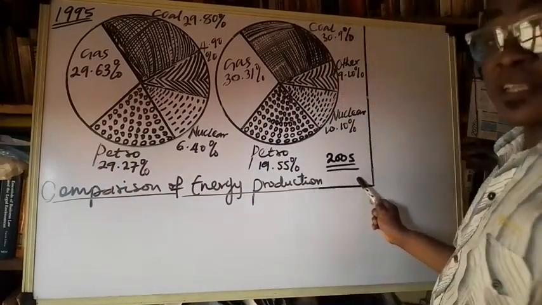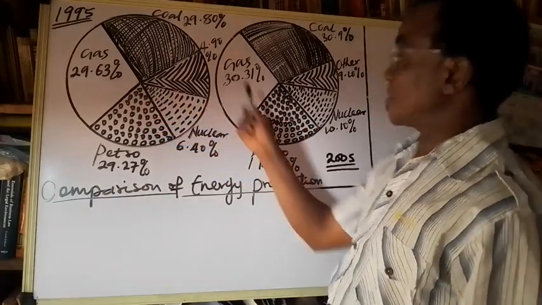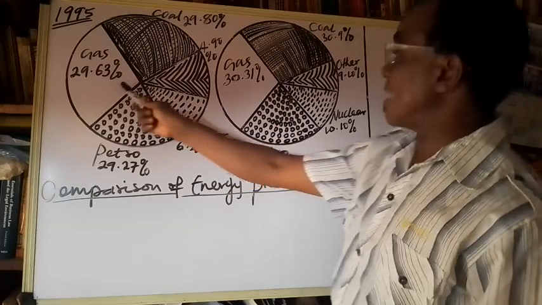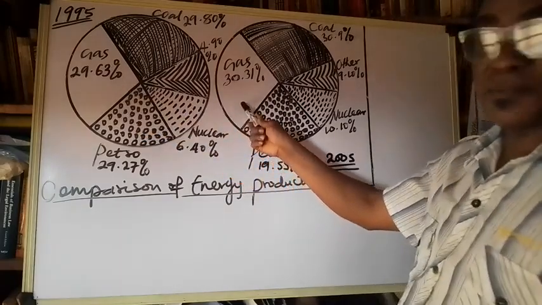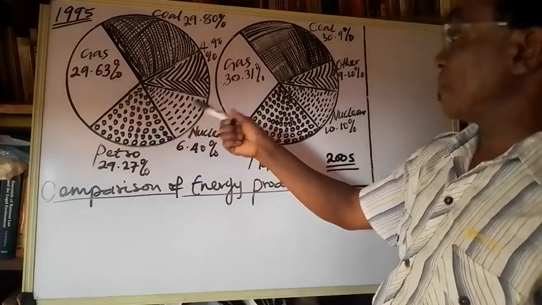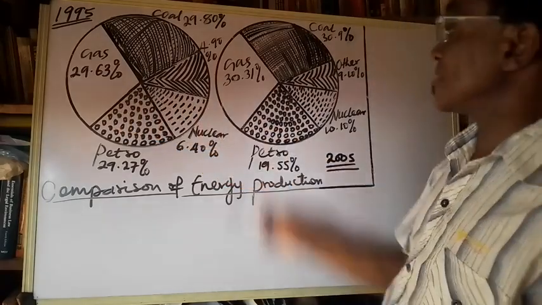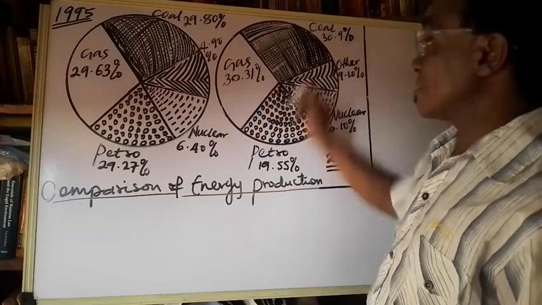Then in the year 2005, we can see that gas production has risen somewhat from 29.63% to 30.31%.